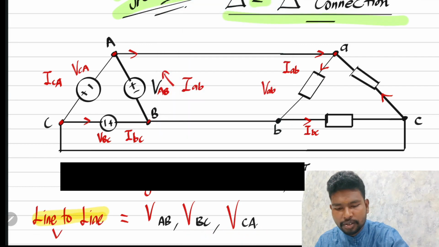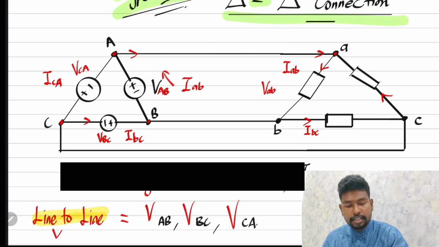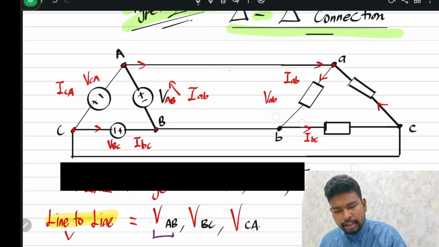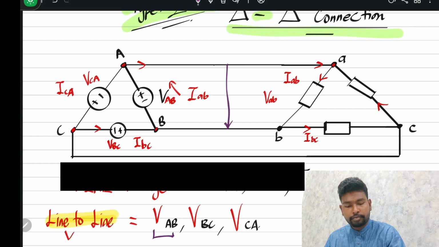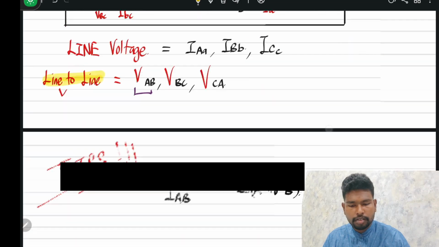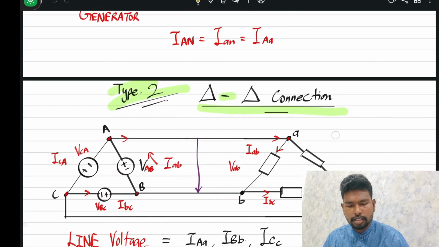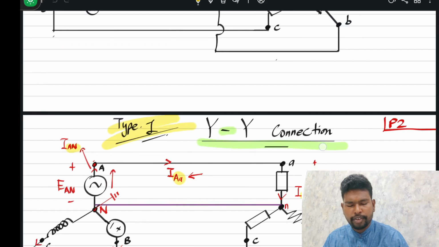In this case, this one is a line representing A, and this one is a line representing B. So if you want to measure VAB, it means from A to B. Okay, I'll give another example, maybe in a different circuit, maybe the previous circuit.